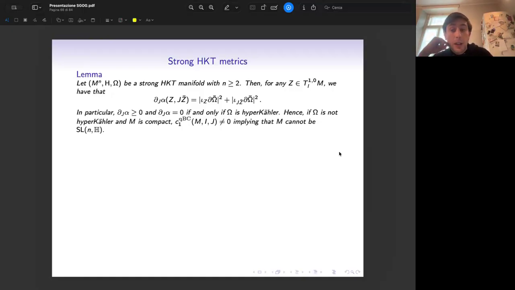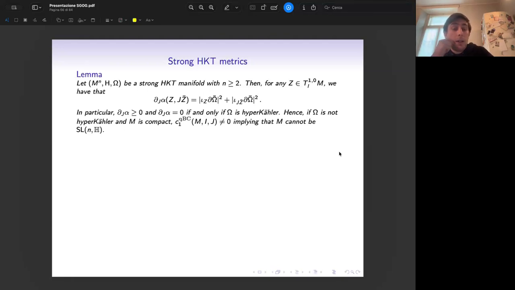Moreover, if the metric is not hyperkähler and the manifold is compact, what we obtain is that the first Bott-Chern class is non-zero, and in particular has a representative which is Q semi-positive. And out of this, using the criterion on the SL(n,H) condition as before, we obtain that a strong HKT manifold cannot be SL(n,H).